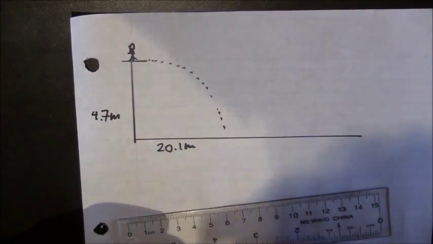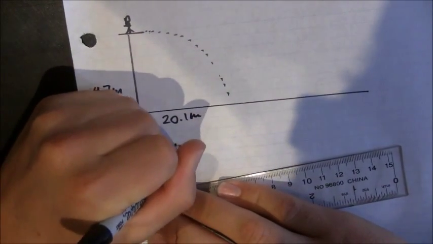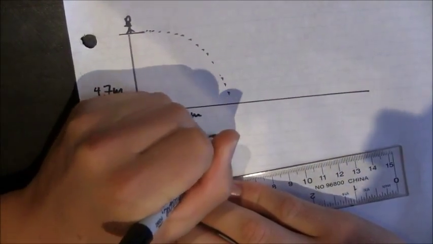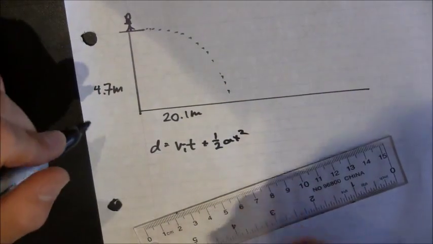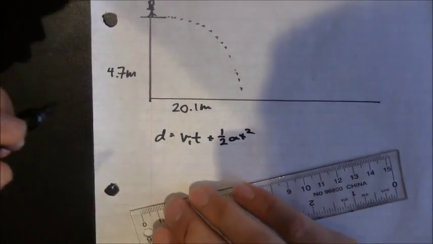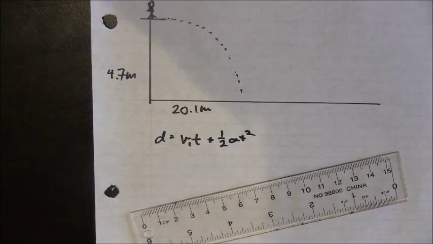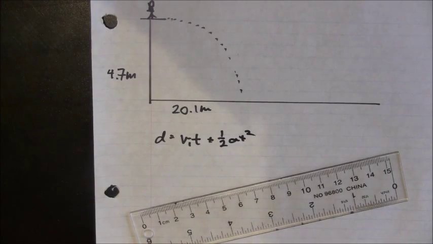So let's go back to our non-uniform motion. Let's say distance equals Vi t plus 1/2 a t squared. And if we isolate for time, we can figure out how long it'll take to hit the ground. Because like I said, the horizontal component of a projectile's velocity does not interfere with the time it'll take to hit the ground.